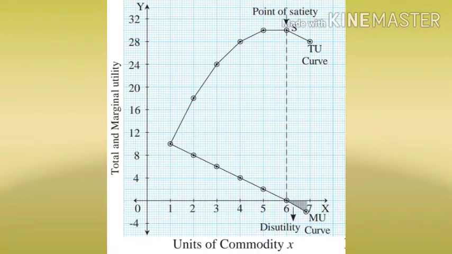The figure shows, first, initially, total utility and marginal utility are equal.